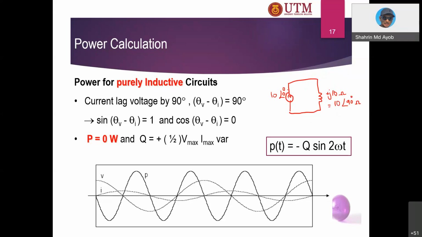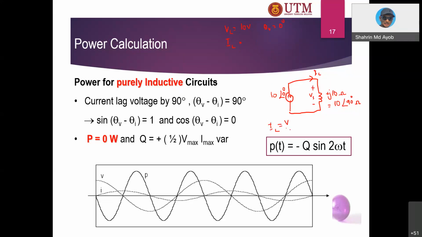Since this is connected in series with the supply, this is also your voltage supply. Meaning that the voltage of the inductor is 10 volts, and the angle of the voltage is 0. And the current of the load, IL, you need to calculate.